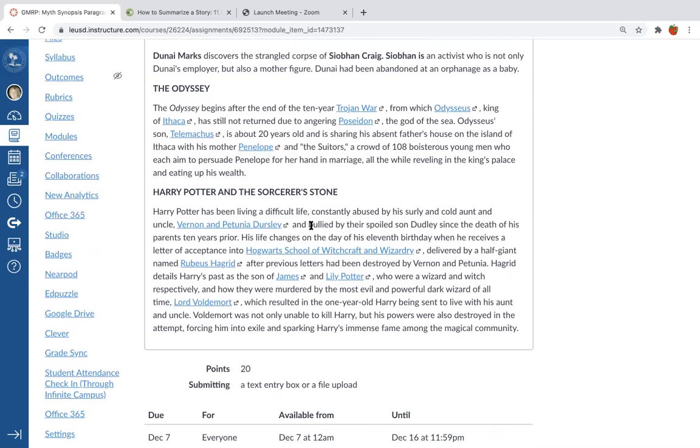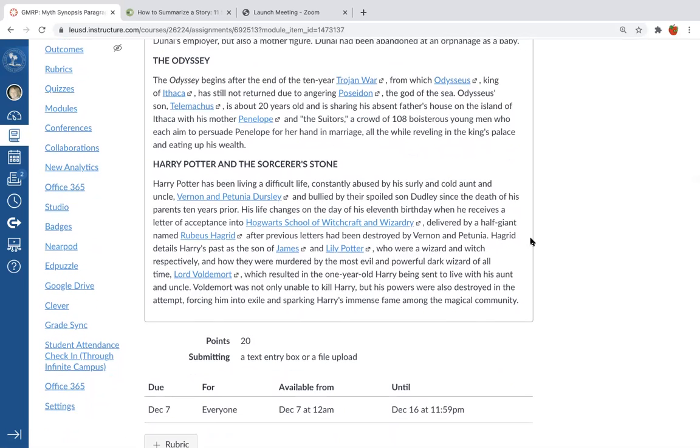Harry Potter has been living a difficult life, constantly abused by his surly and cold aunt and uncle, Vernon and Petunia Dursley, and bullied by their spoiled son Dudley since the death of his parents 10 years prior. His life changes on the day of his 11th birthday when he receives a letter of acceptance into Hogwarts, delivered by a half giant named Rubeus Hagrid, after previous letters have been destroyed by Vernon and Petunia.